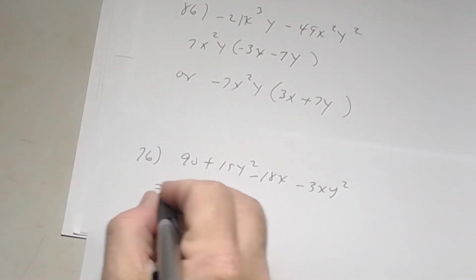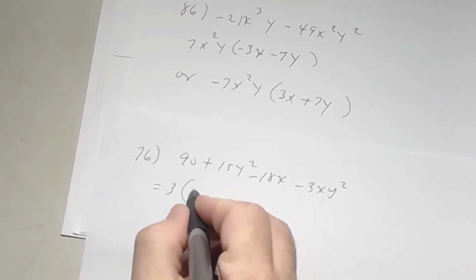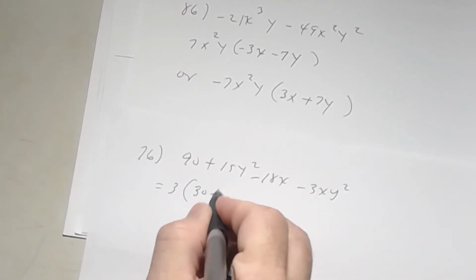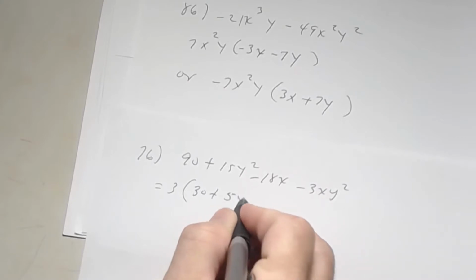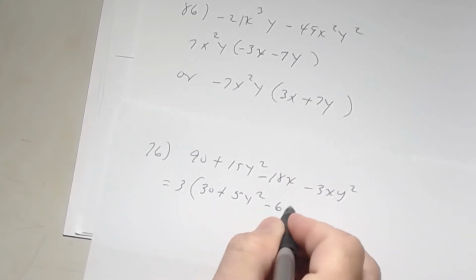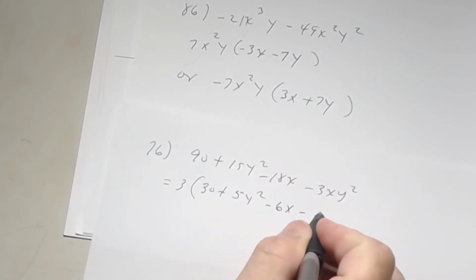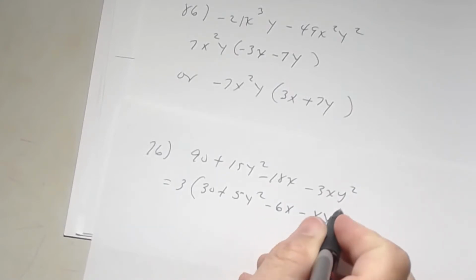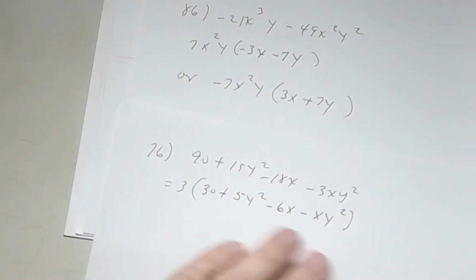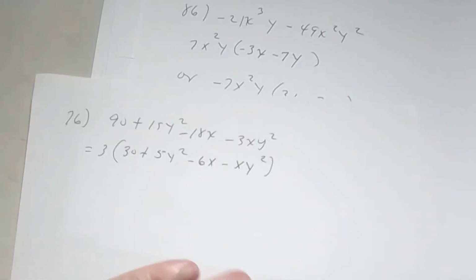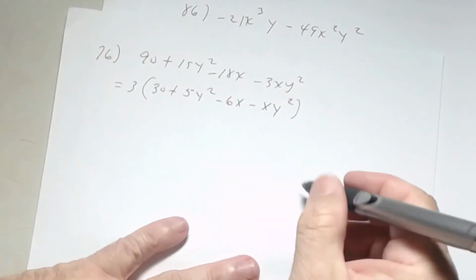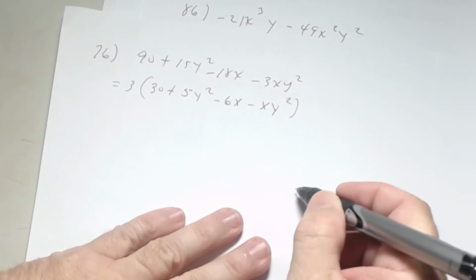GCF is 3, so take that out first. 3 times what? 30 plus 5y squared minus 6x minus 3... So that gives you 3xy squared. All right. Now that's not the answer because you got to now see if I can factor this polynomial that has 4 terms. So I'm going to go off and just kind of do it right here.